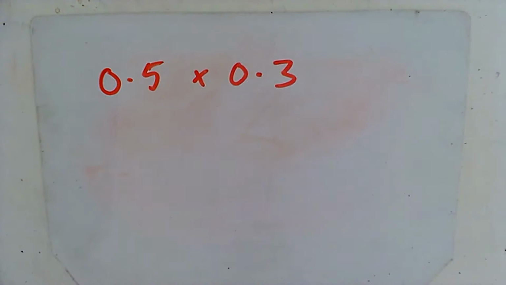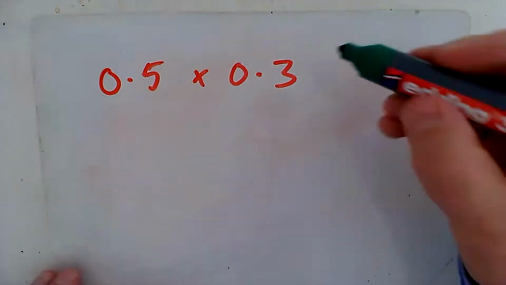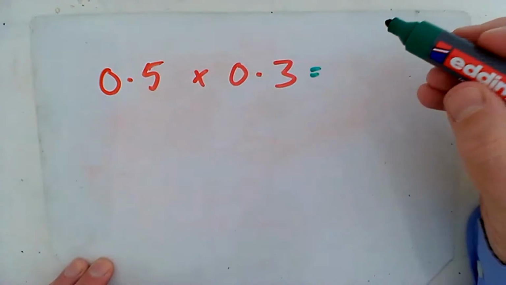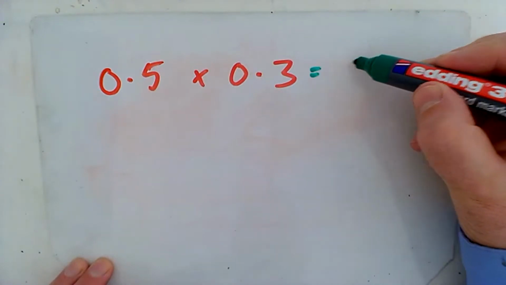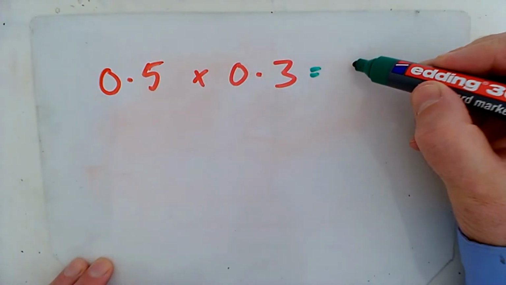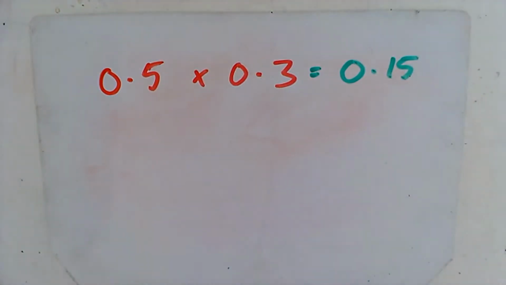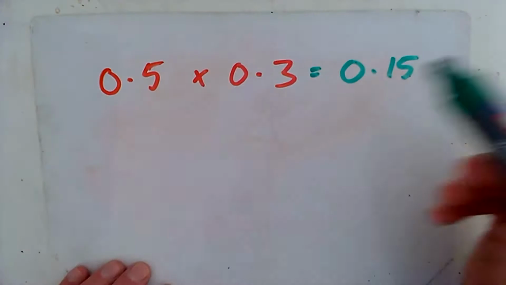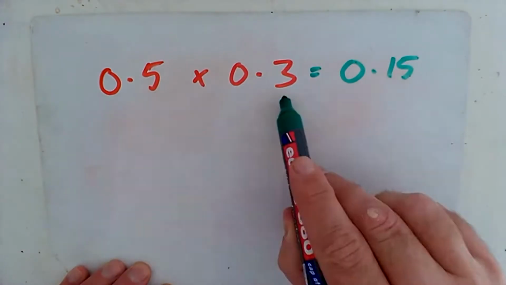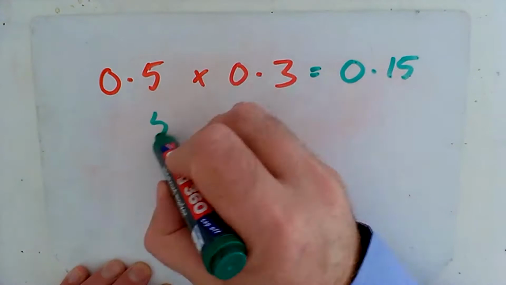Right. So the answer to this one, and I did this with the year 7s the other day, and pretty much all got them wrong, is 0.15. I just need to explain why that is the case when we are multiplying decimals. What we do is we ignore the decimal point first of all.